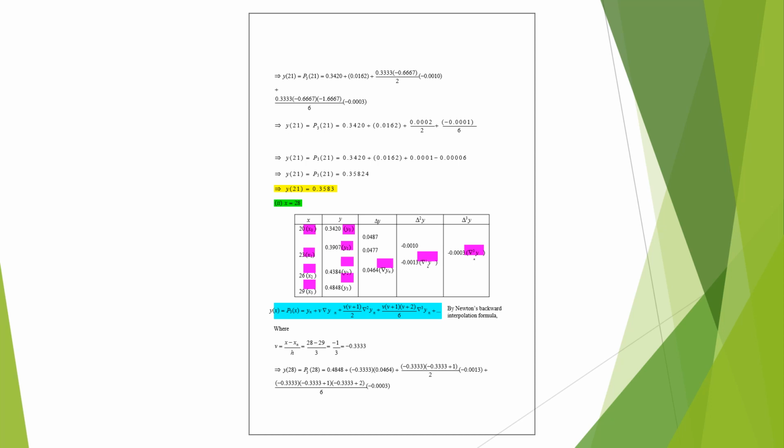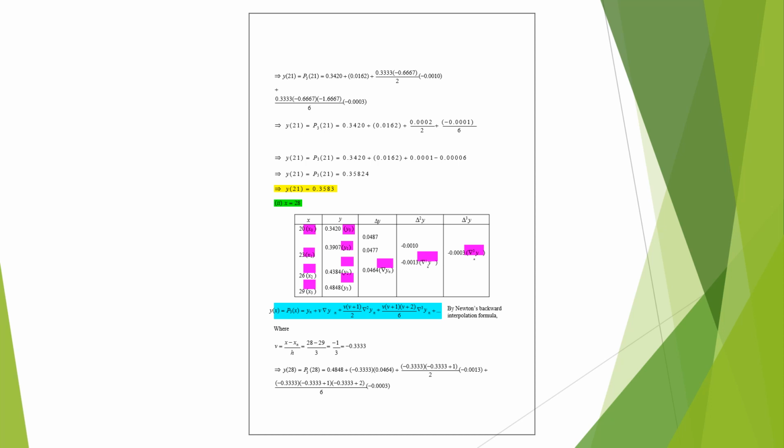That is, we have to take the lowermost diagonal values in the backward difference table. So here h is equal to 3. So the value of v is minus 0.333.